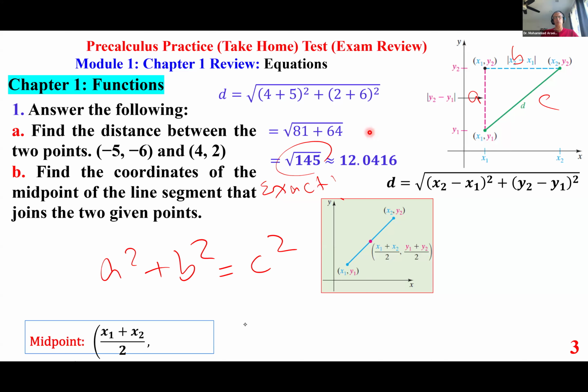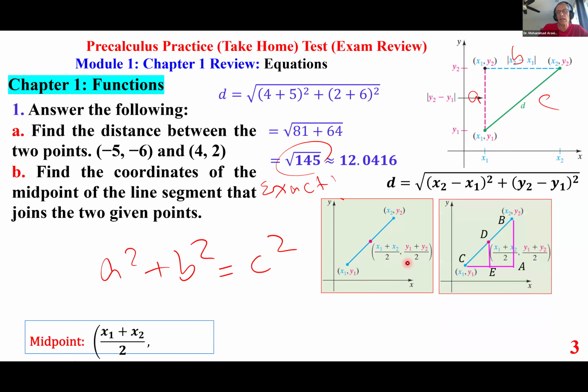Let's quickly see why it works out that way. If you draw a line here parallel to the x-axis, here parallel to the y-axis, and from the midpoint you drop a line parallel to the y-axis again, you come up with this shape.